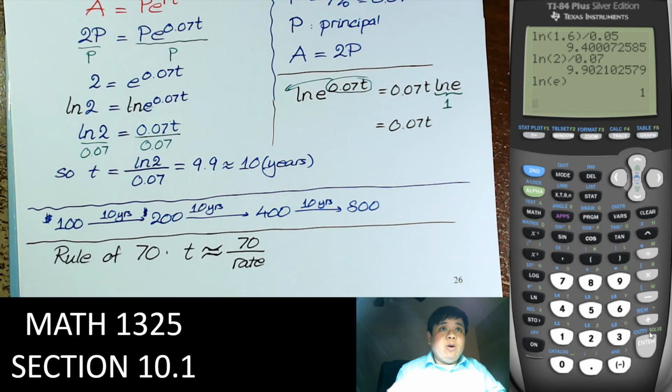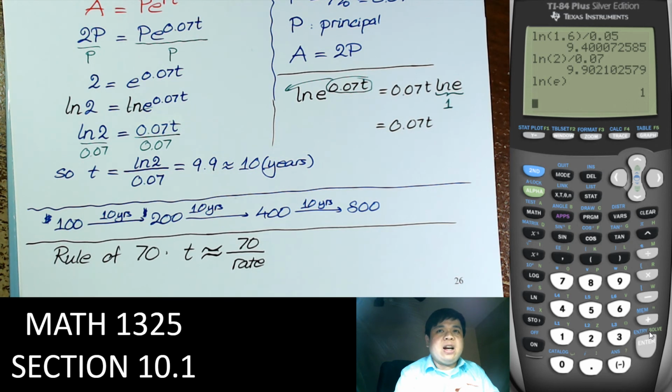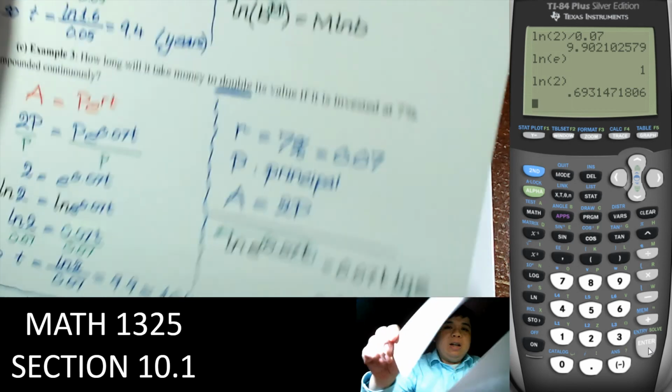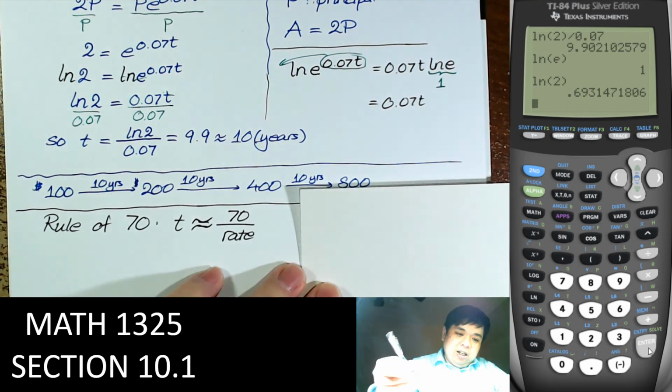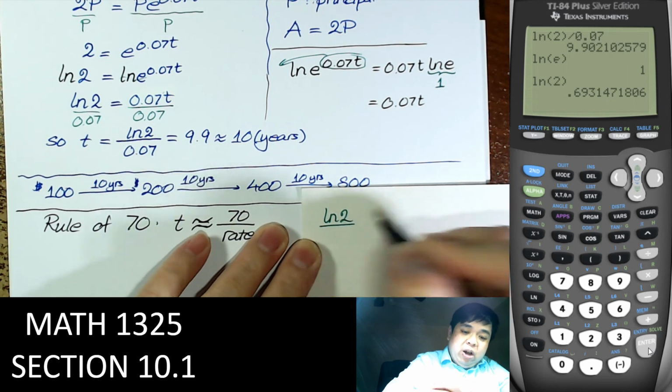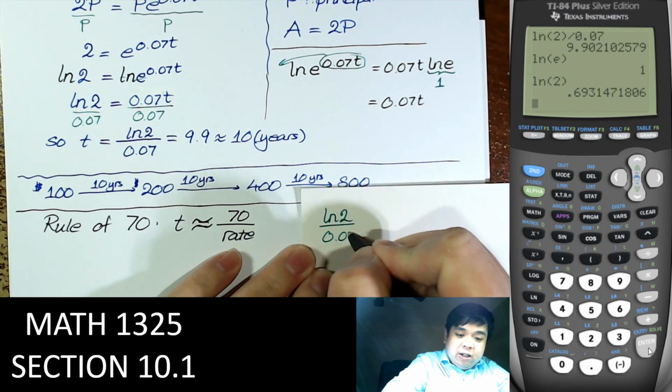So in our example, we have 70 divided by 7, so 10 years. And you say, where's that coming from? Well, if we have ln of 2, that is 0.693, right? Now if we write it down, the exact answer is ln of 2 divided by the rate, in this case 0.07, right?